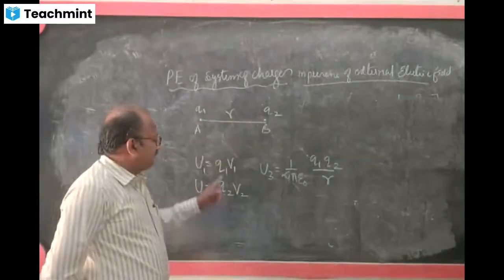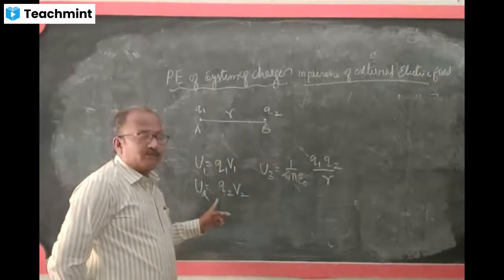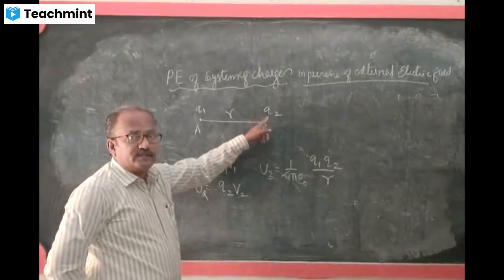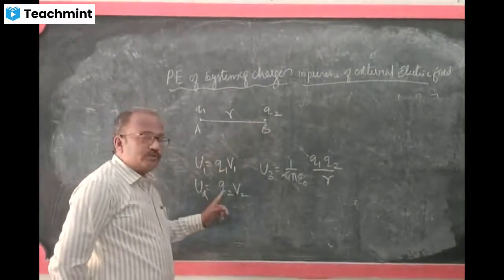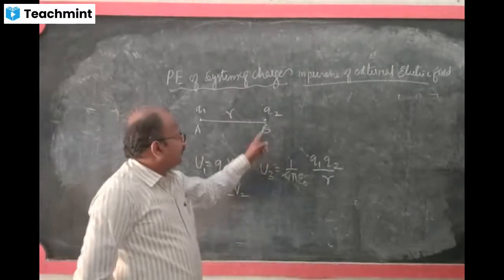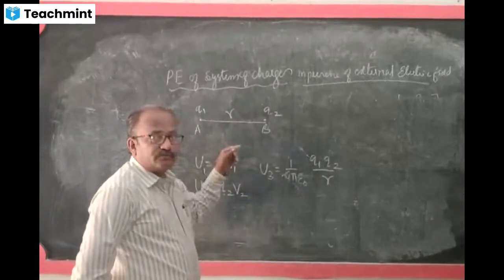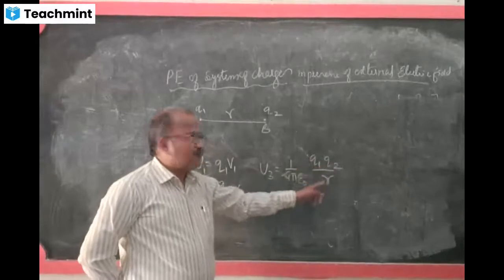Similarly, the second charge was shifted from infinity to a particular point B, hence the potential energy of this charge at B is taken as Q2 V2. Similarly, there is a potential energy between these two charges also, that is given by Q1 Q2 by r.